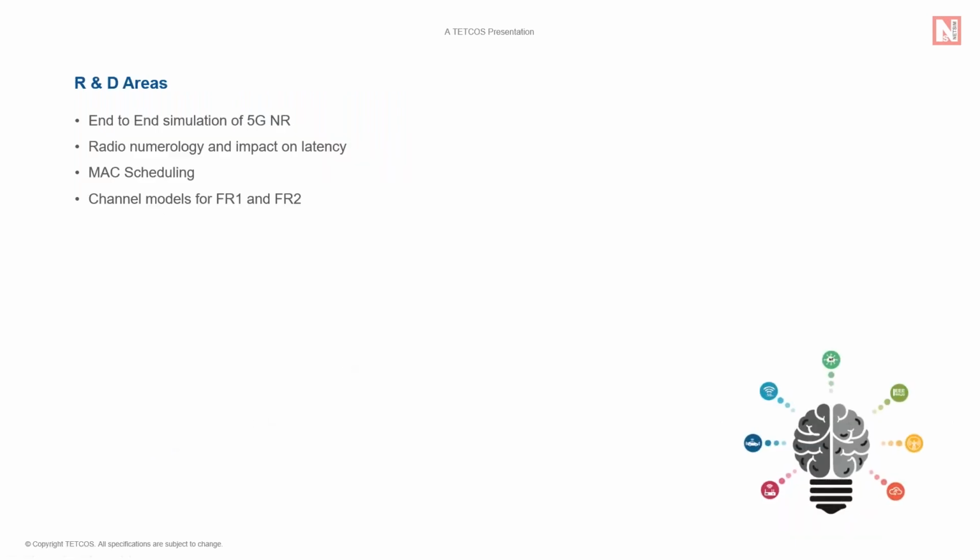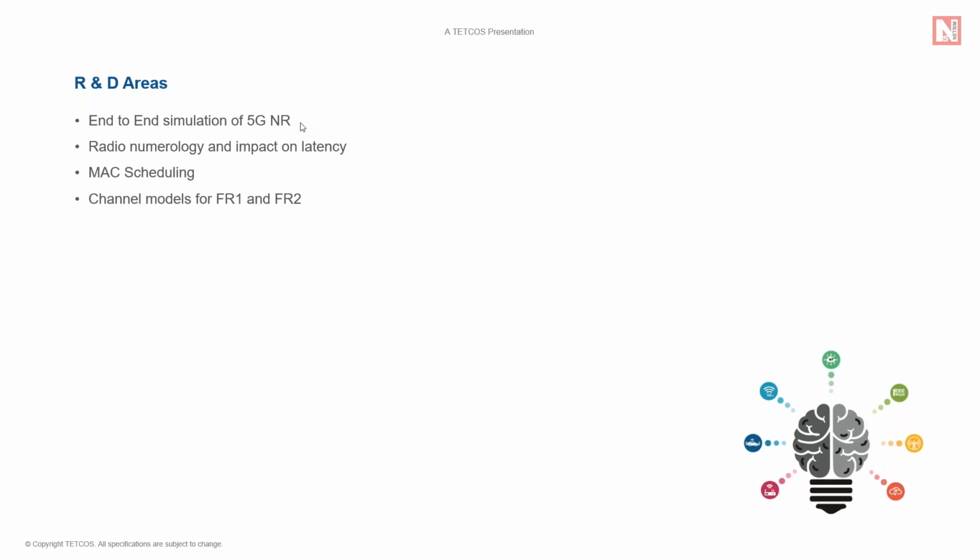Some of the R&D areas where NetSim is being used in 5G is for end-to-end simulation of 5G NR. So NetSim is a system level simulator, unlike link level simulators which just simulate one link between the UE and gNB in great detail. In NetSim you can run end-to-end simulations, that is UE to the remote host or UE to another UE, and therefore you can do R&D on end-to-end simulation.